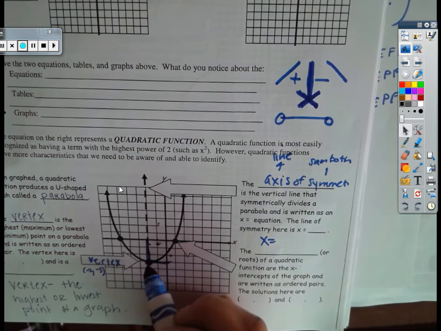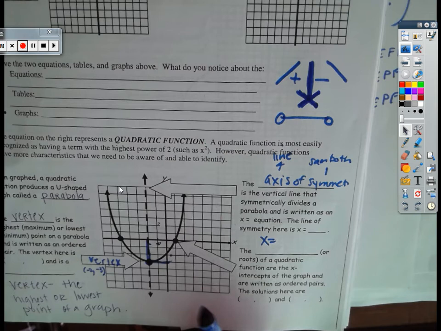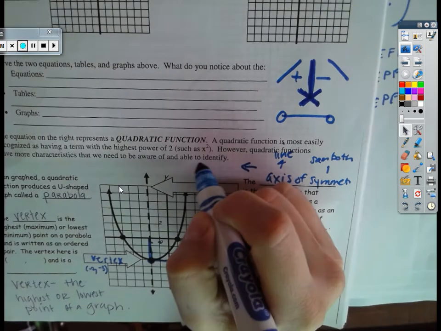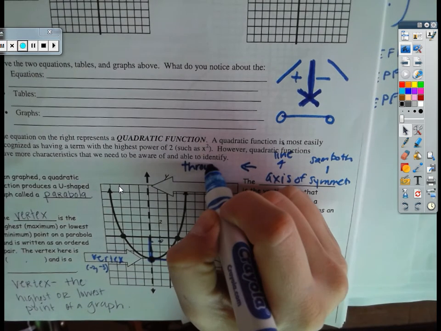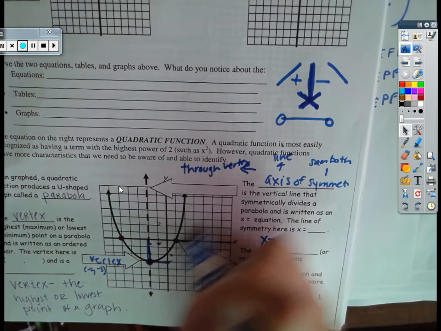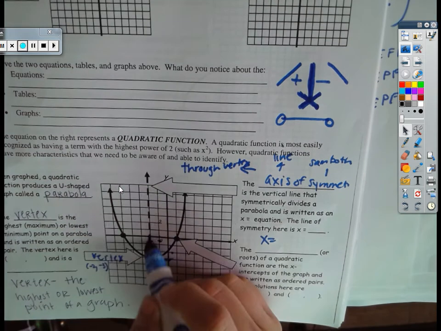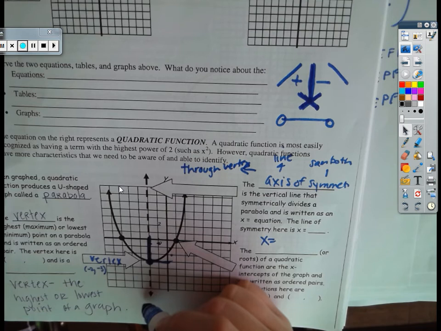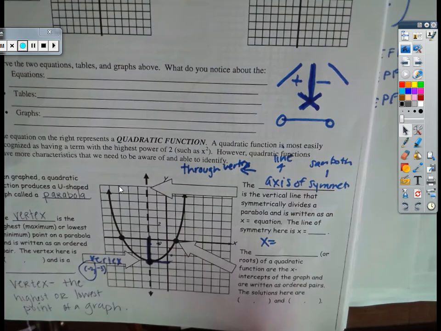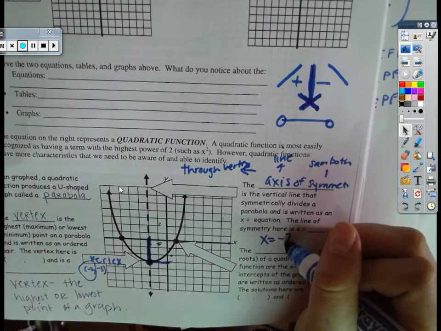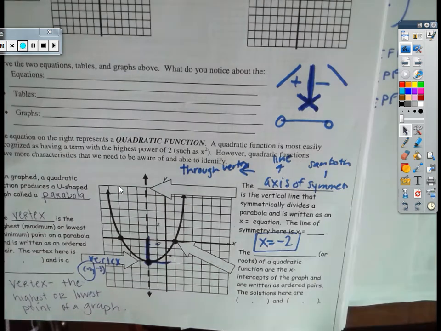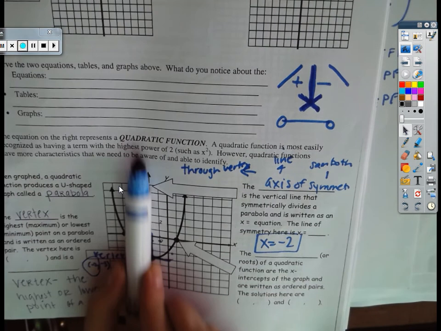It goes through the vertex. So the vertex is here, this line is x equals, what's the x? X is -2, so your line is x equals -2, because it goes through -2. It's a line that goes up and down, so it's x equals.